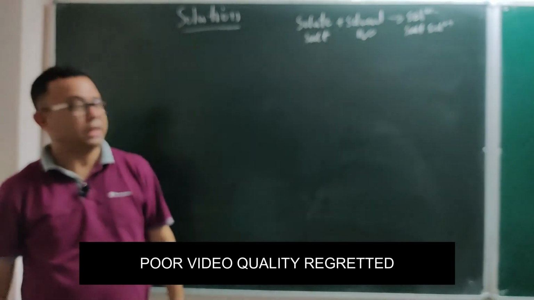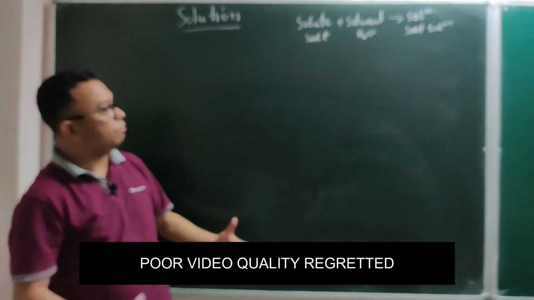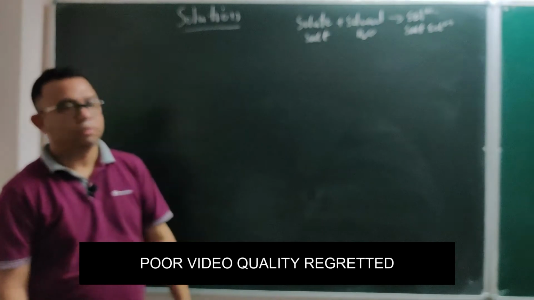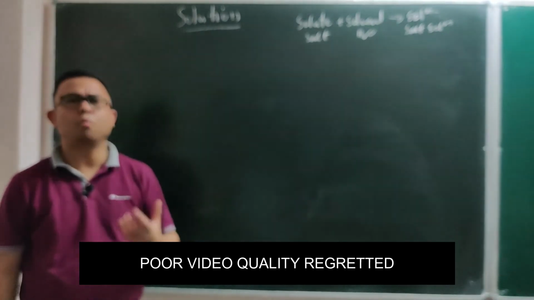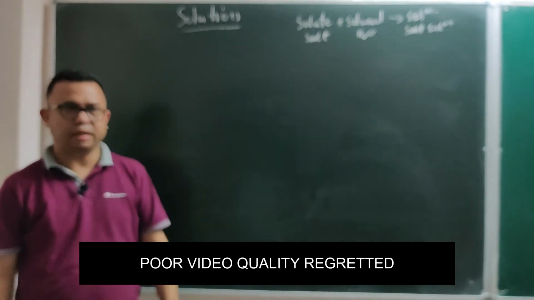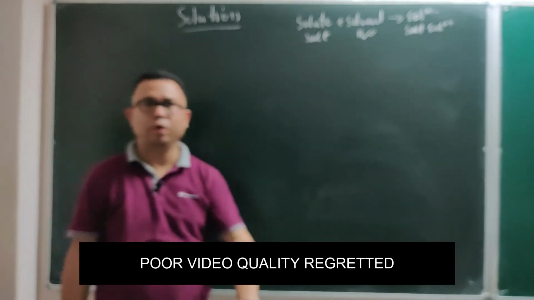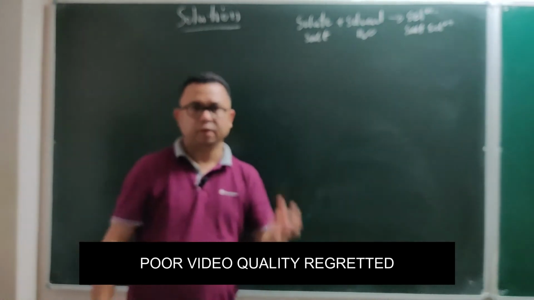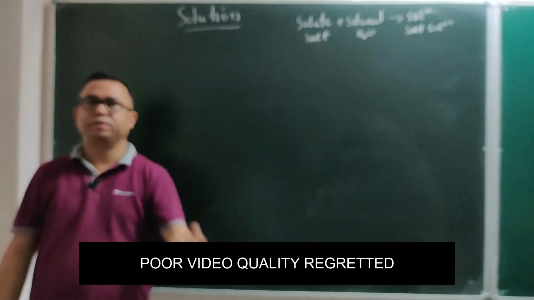So as I was telling you about the misconception that we have, that every time we think that a solution is a liquid, but now think about different components, like for example alloys that you have learned about in class 10. Even an alloy is a solution. Alloy is a mixture of 2 metals. For example, brass is a mixture of zinc and copper.